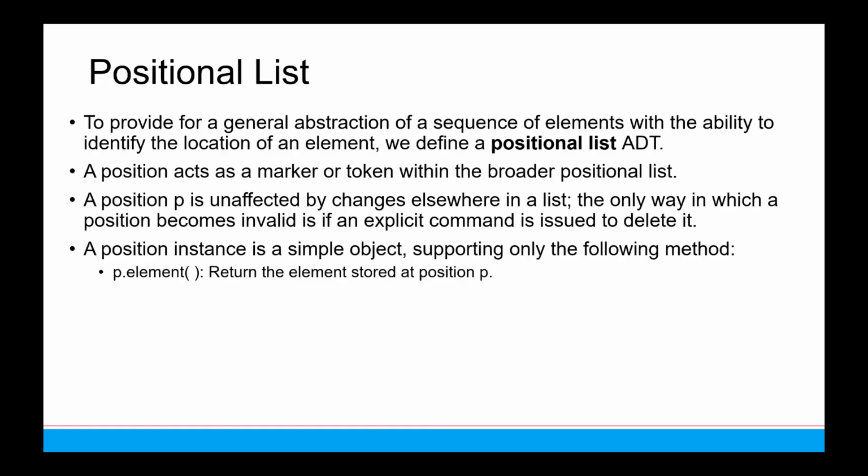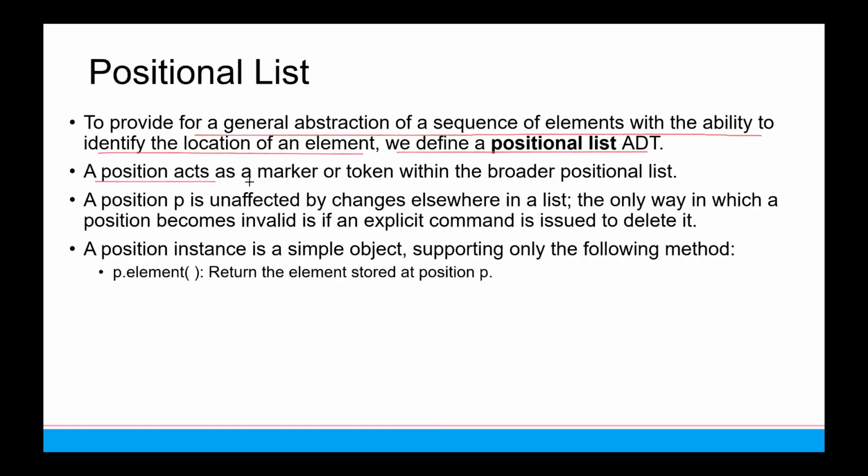The concept of doubly linked list is useful for the positional list. The positional list means we want to provide a general abstraction of a sequence of elements with the ability to identify the location of the element. So this is what we call the positional list.